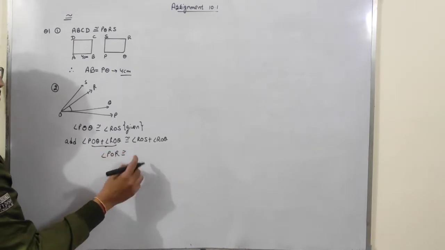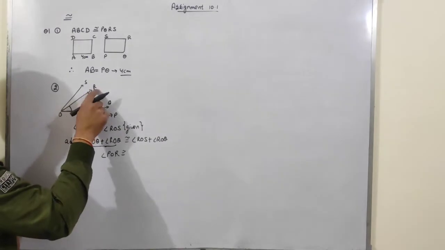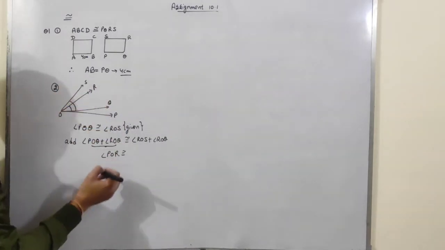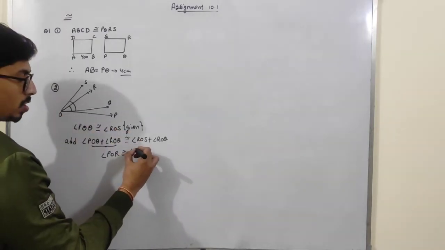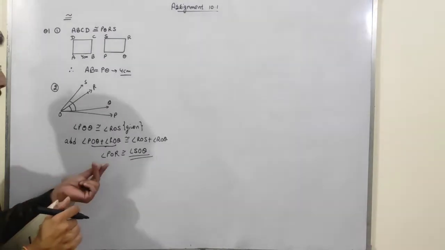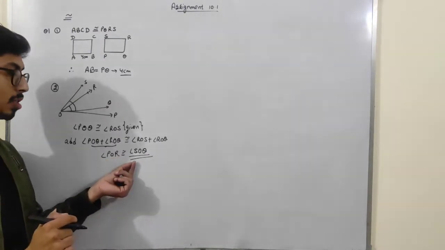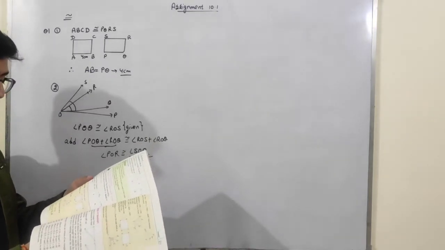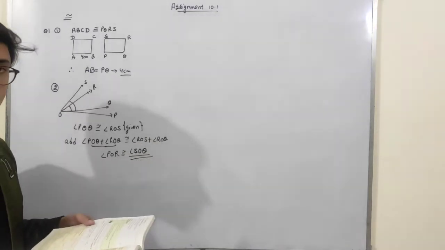This will be congruent to ROS plus ROQ, which means this complete angle, so this will be SOQ. So POR is congruent to angle SOQ, that is part B, our required answer.